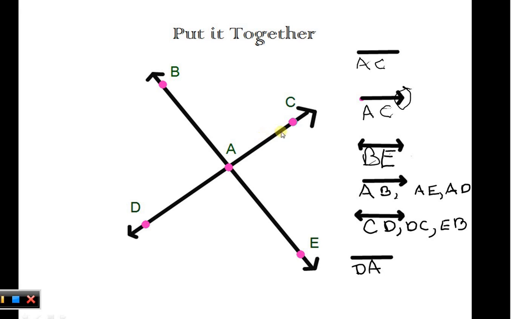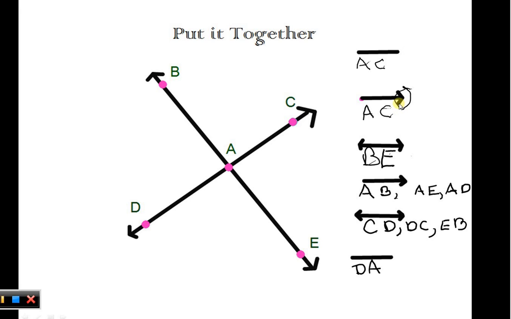We could have chosen AC or CA, and anything I say we could have done in reverse. So BA in reverse, DA in reverse, EA in reverse. We could also do EB reversed, CD reversed.